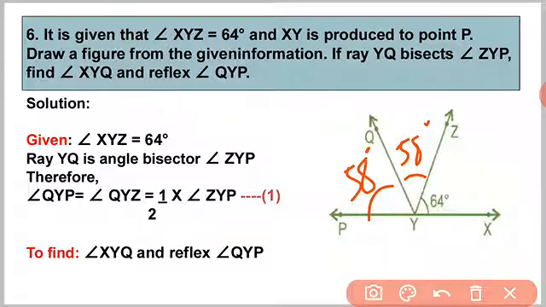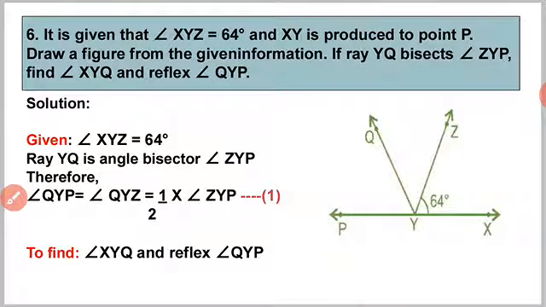We want to know angle XYQ, and XYQ, as we can see, is made up of two angles, that is 58 degrees and 64 degrees. So when we add these two, we get 122 degrees. So angle XYQ is equal to 122 degrees.